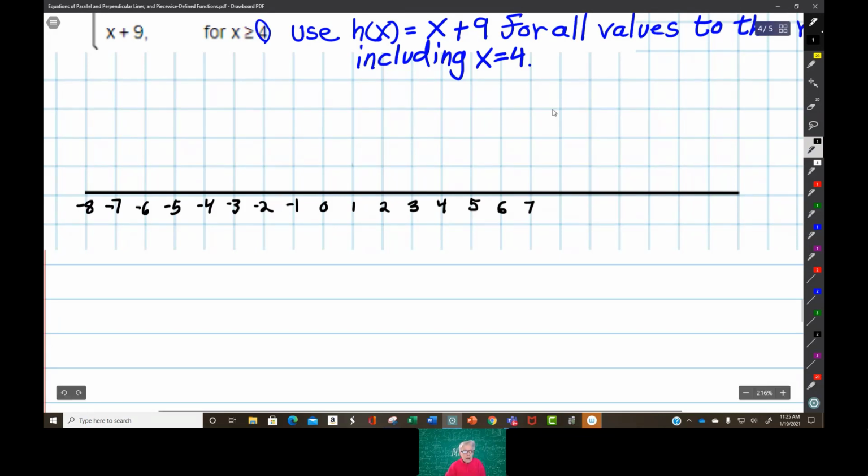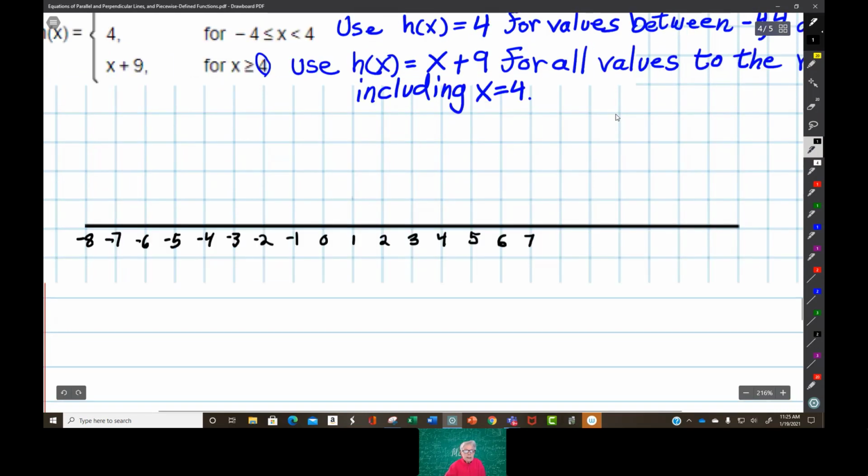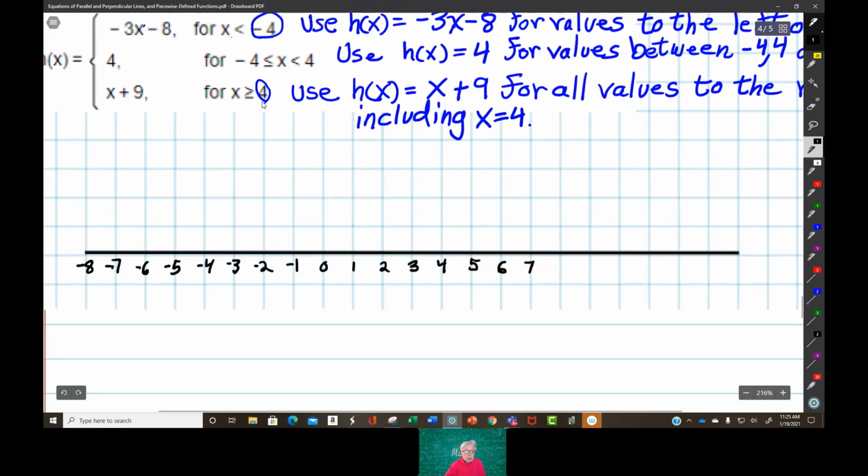Now, the numbers that are of particular interest, the numbers where our changes occur, are -4 and 4.